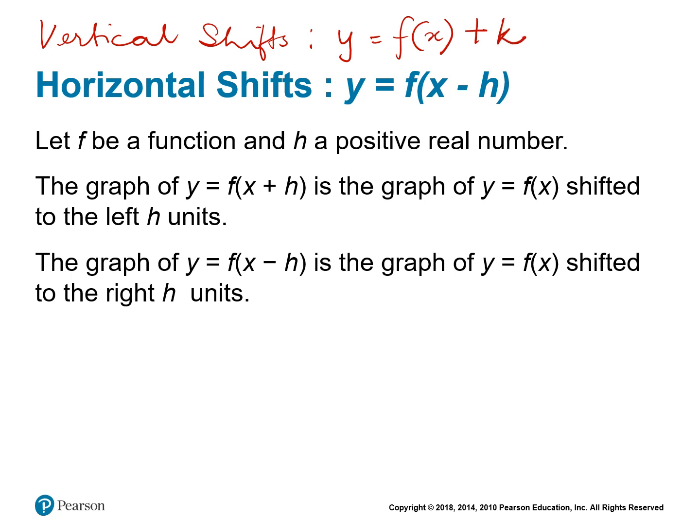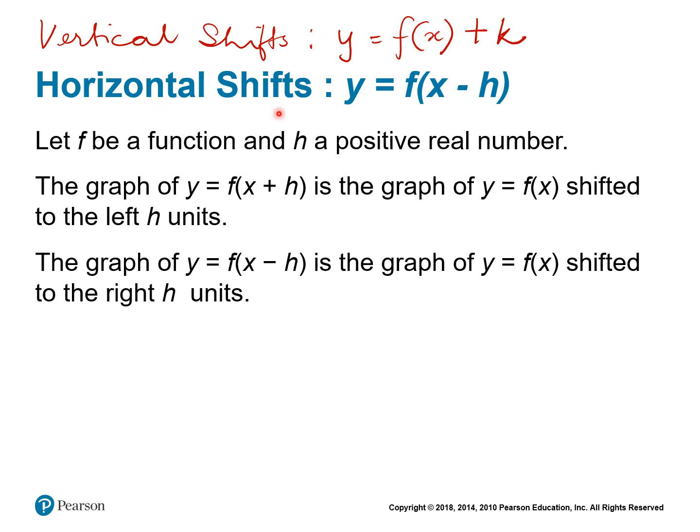So what that implied was that we first evaluated y, and then to every y value we added a quantity k, or if k is minus, then we subtracted a quantity from the y value that was already calculated from the original function.